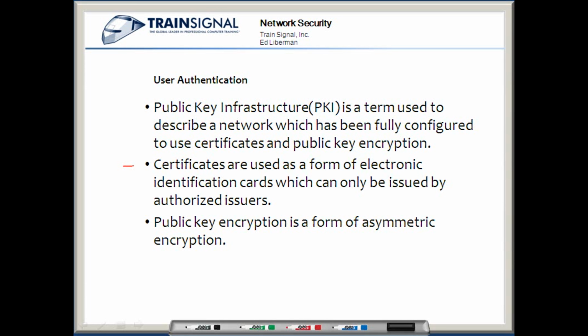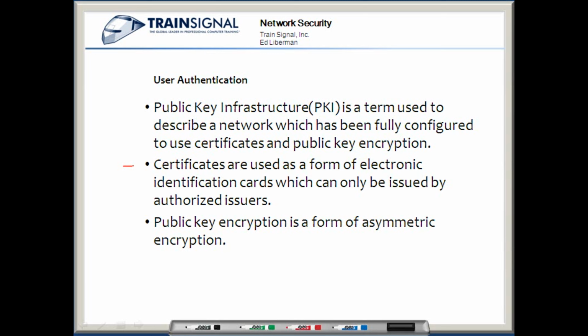And what they are trusted to do is identify who or what something really is so that they can then issue one of these certificates, and then that person or that computer can use that certificate as a form of identification.